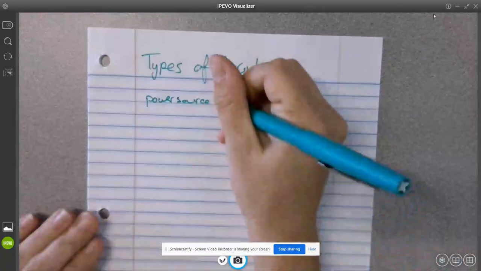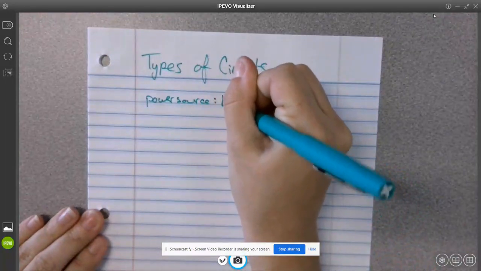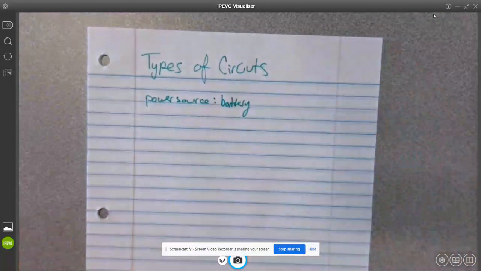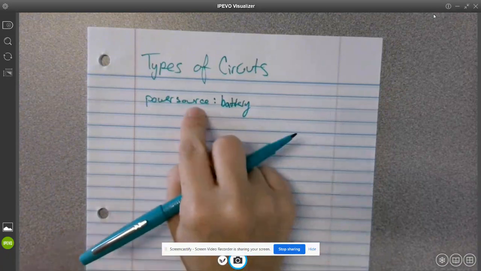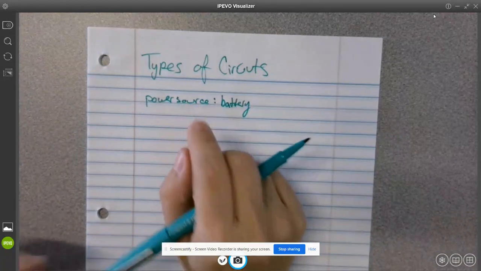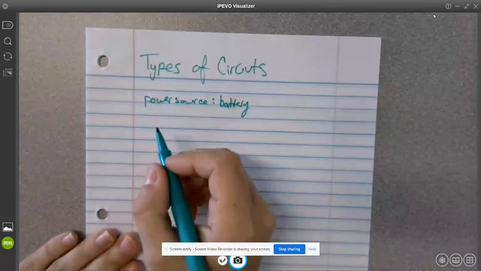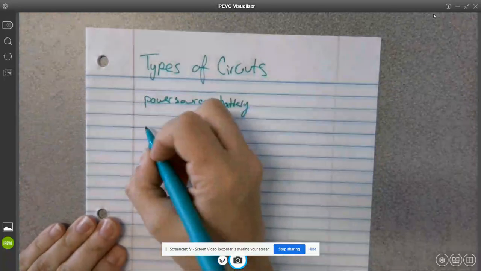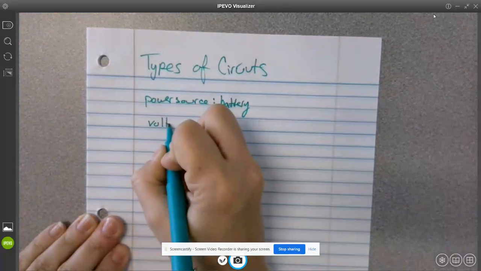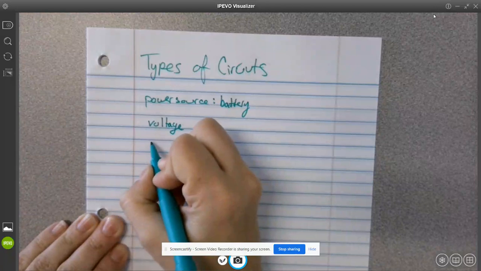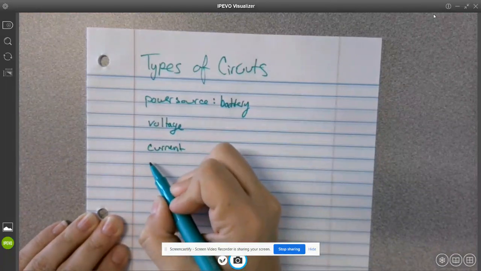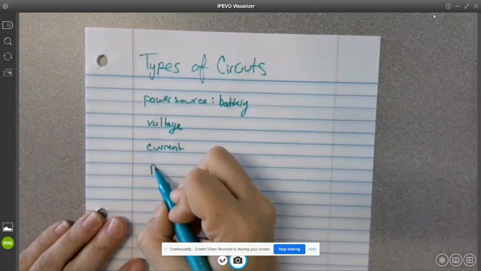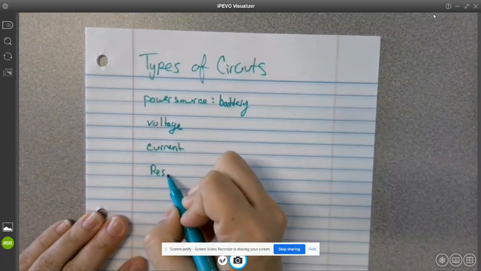A power source is generally a battery, or if you have a windmill or a hand crank, it can use human power to provide energy. You are also going to have a voltage, a current, and it is possible for there to be a certain type of resistance.